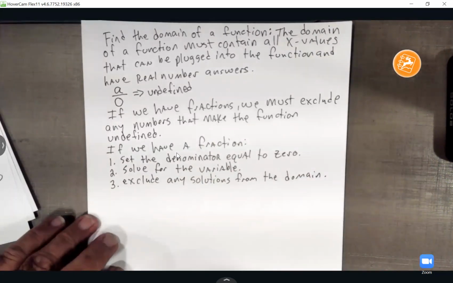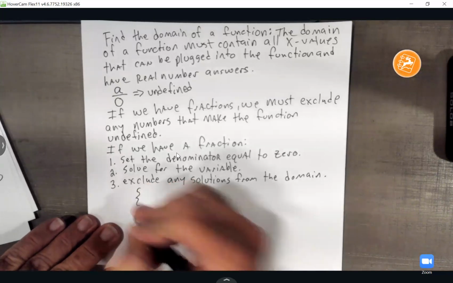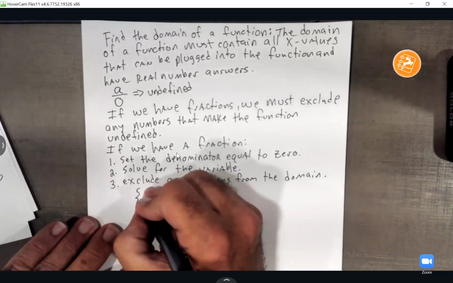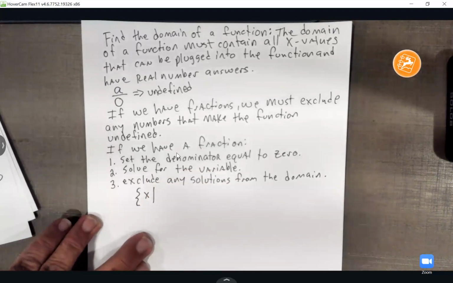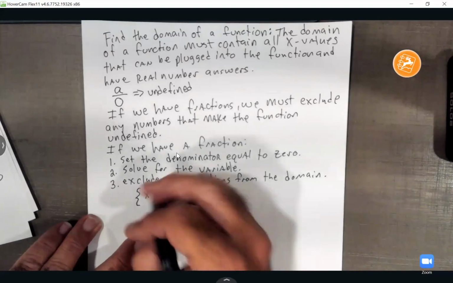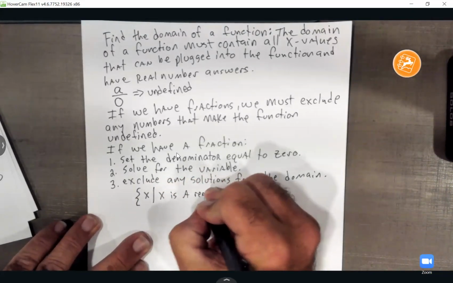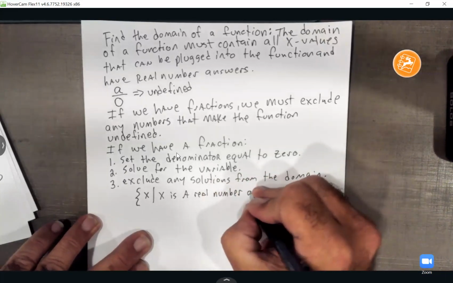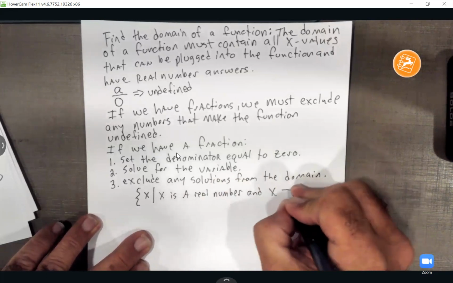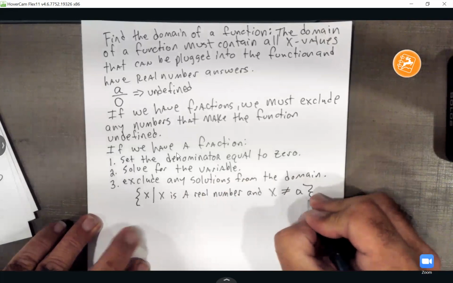And then I'll show you how to do that. We're going to use the set builder notation. We list our variable, which they use x in here. We put x as a real number, and x is not equal to, say, whatever number we get.